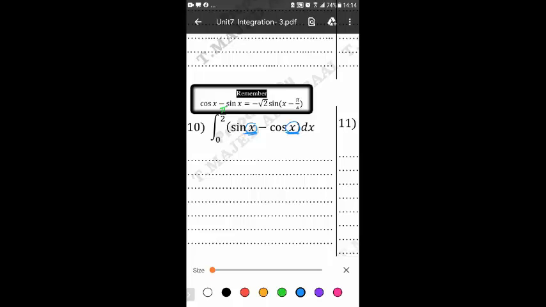I need you to notice here that this is sine minus cosine, but the rule says cosine minus sine. So, sine x minus cosine x is equals to root 2 sine x minus pi over 4. Okay? Without the negative. You understand?